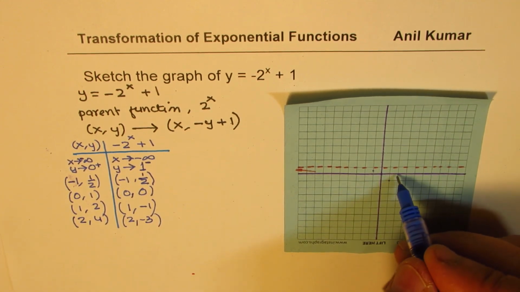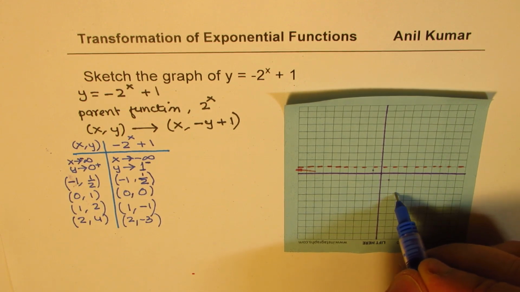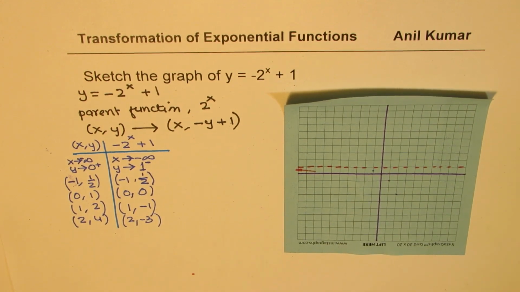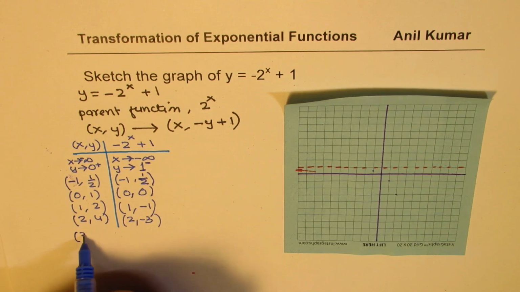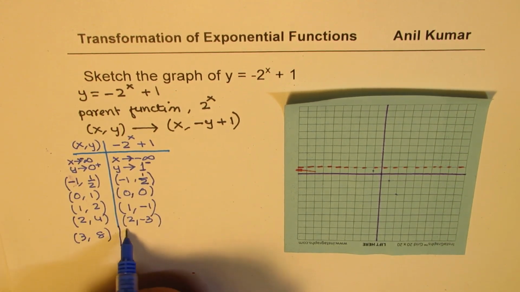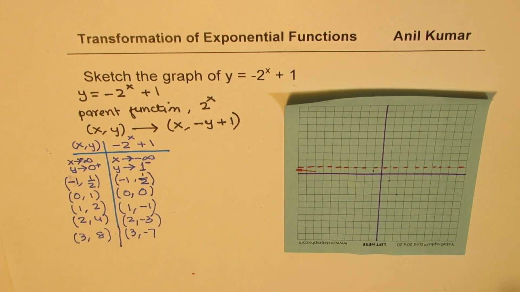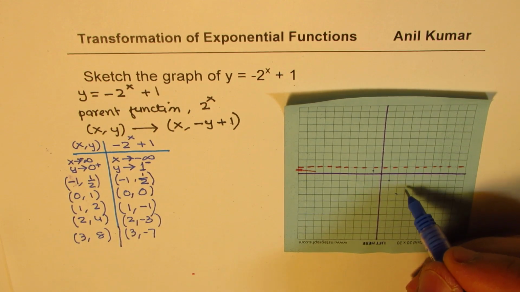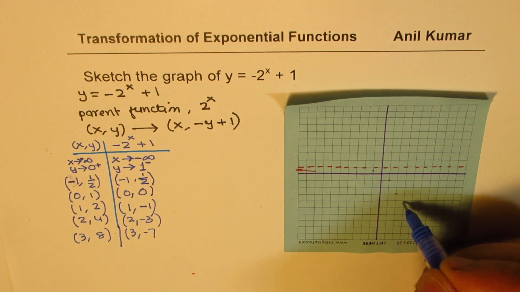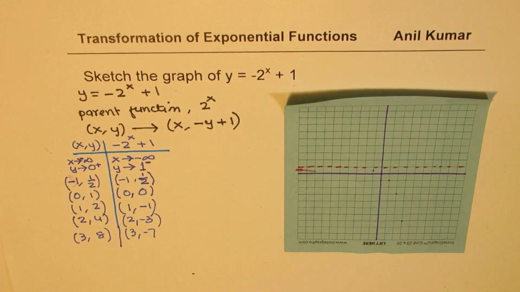So at 2, we'll get a value which is -3. Correct? You can actually continue: for 3, 2 cubed is 8, and here for 3, we'll get -8 plus 1, which is -7. So at 3, you will get -7, 1, 2, 3, 4, 5, 6, 7 with a negative sign.